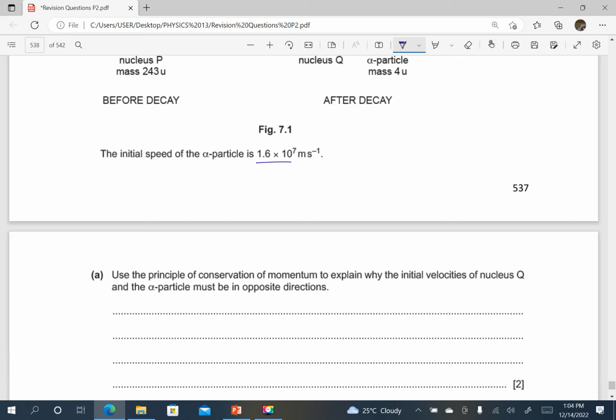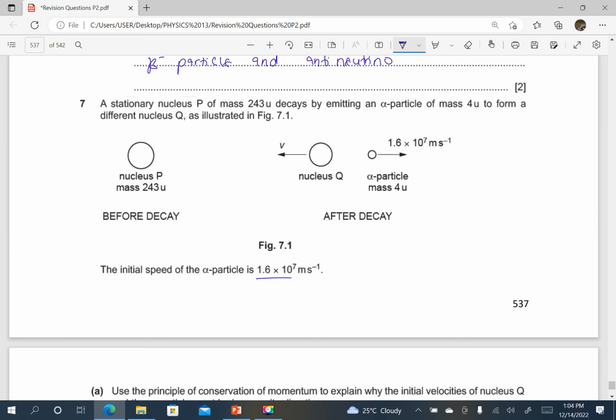Use the principle of conservation of momentum to explain why the initial velocities of nucleus Q and the alpha particle must be in opposite directions. Note that P was initially stationary, its momentum was initially zero. So the total momentum of nucleus Q and the alpha particle should be equal but opposite, so that total momentum is conserved and it is always zero.